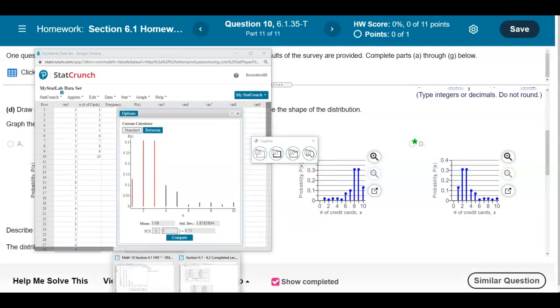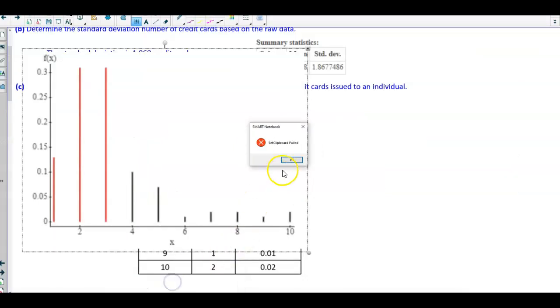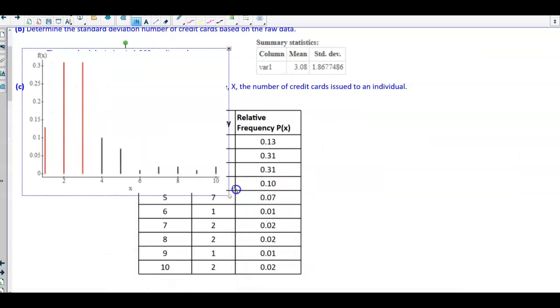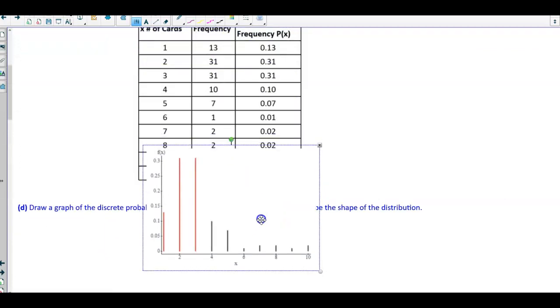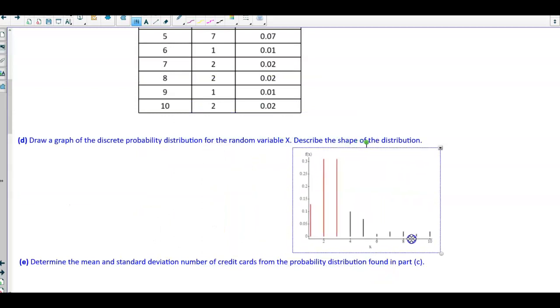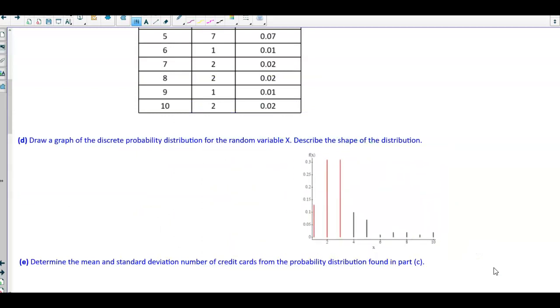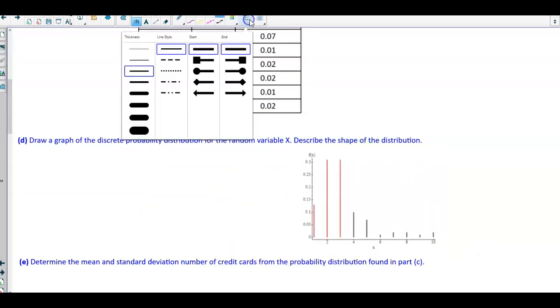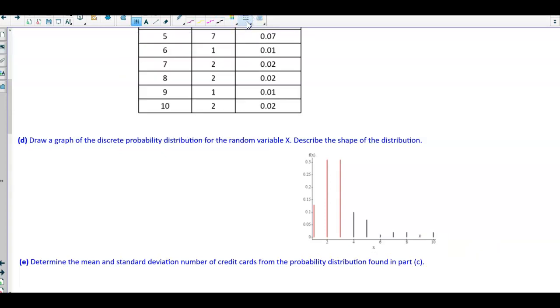Okay, because now the question is, they want us to determine, if we want to describe the shape of this distribution. So if we take this graph and trace around it, here's our graph. It's going to start up high, and then it's going to go low, and then it's going to skew all the way to the right.